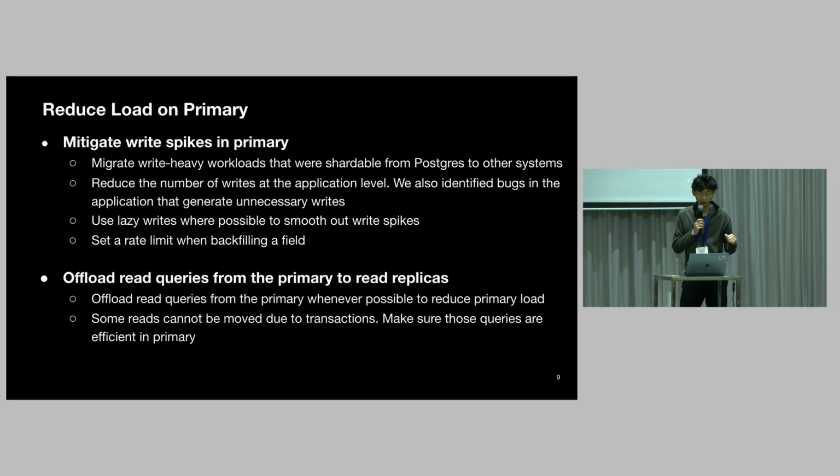We also reduce the number of writes at the application level. Sometimes we find unnecessary writes because of bugs in the application. You just do some silly things in the application, so it has some unnecessary writes. So we optimize the application to make sure it only writes when it's needed. And we also use lazy writes where possible to smooth out the write spikes.